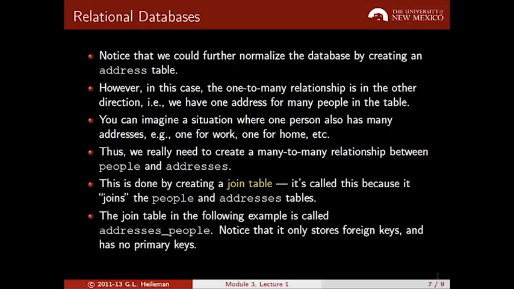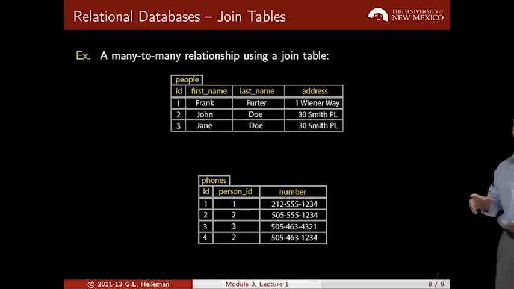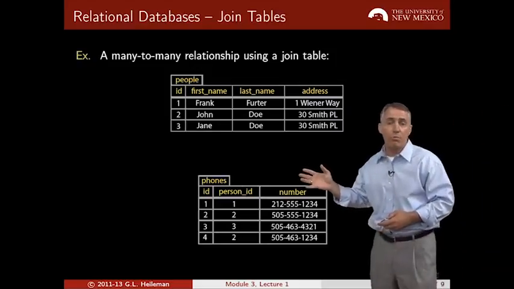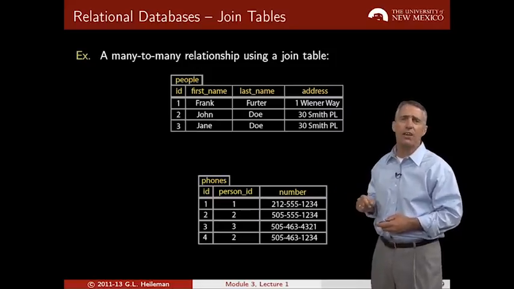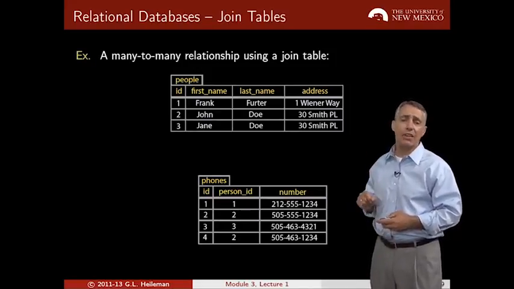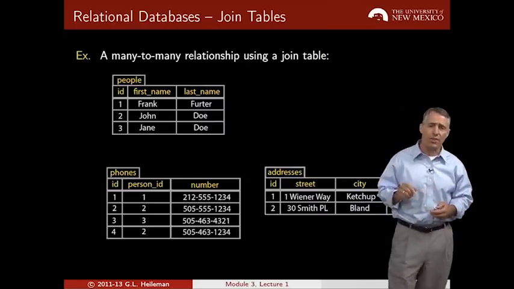So in the next example I'm going to show you, I'm going to create a new table called addresses people, and it's only going to store foreign keys. It's not going to hold any primary keys. So let's walk through this. This is what we ended up with before, but now we want to create a many-to-many relationship. I'm going to split off that address column at the end of the people table, and here I've done that.